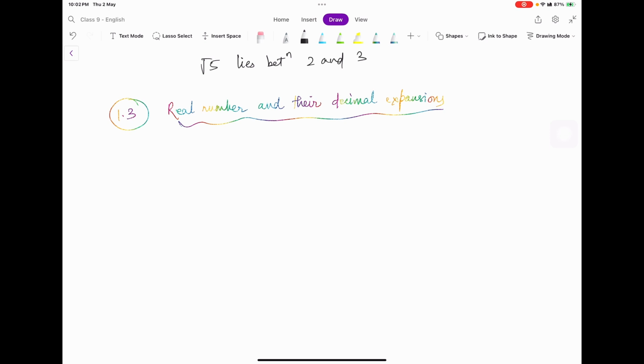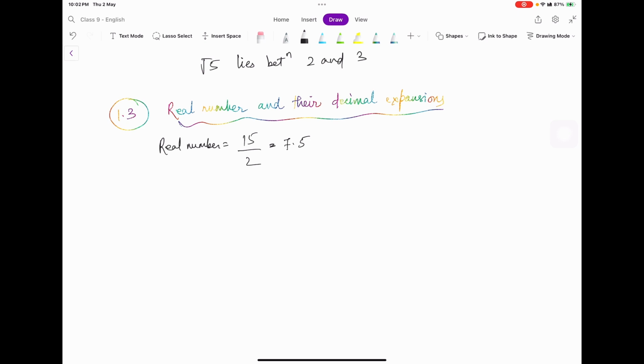See, a real number can be a fraction like 15 by 2, or an integer. If it is an integer, it can be written as a fraction. But here it cannot be divided properly, so we get decimal points, 7.5, a real number. So we have to find the decimal expansions of each of the fractions.